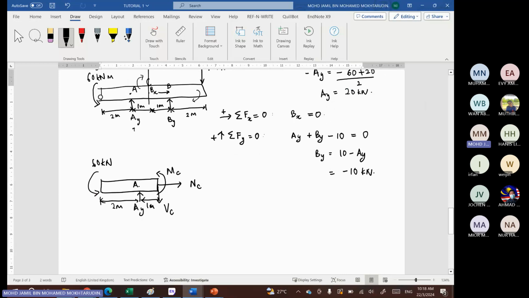Now again, you want to determine NC, VC, and MC, the internal loading at point C.